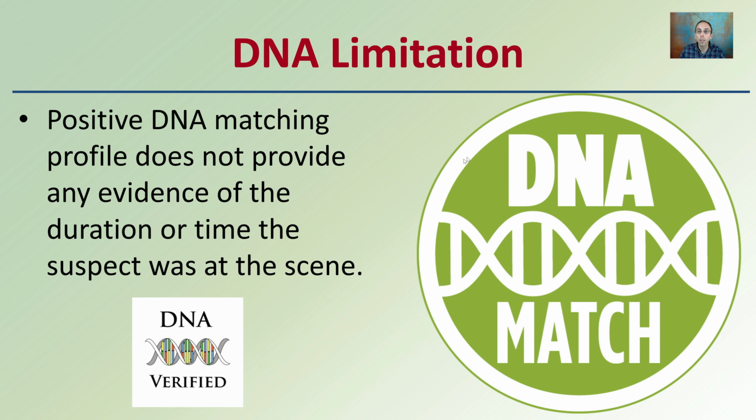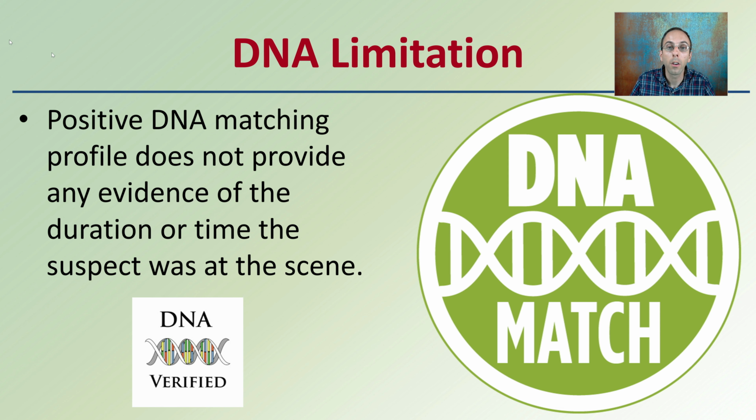Now keep in mind, while we talked all about DNA and some of its genetic power, there are some limitations. A positive DNA matching profile does not provide any evidence of the duration of time the suspect was at the scene. A lot of people will determine, hey, we found the suspect's DNA at the crime scene, they were there and they did it. Well, just because you found their DNA there, it doesn't necessarily mean they were there at the time of the crime.